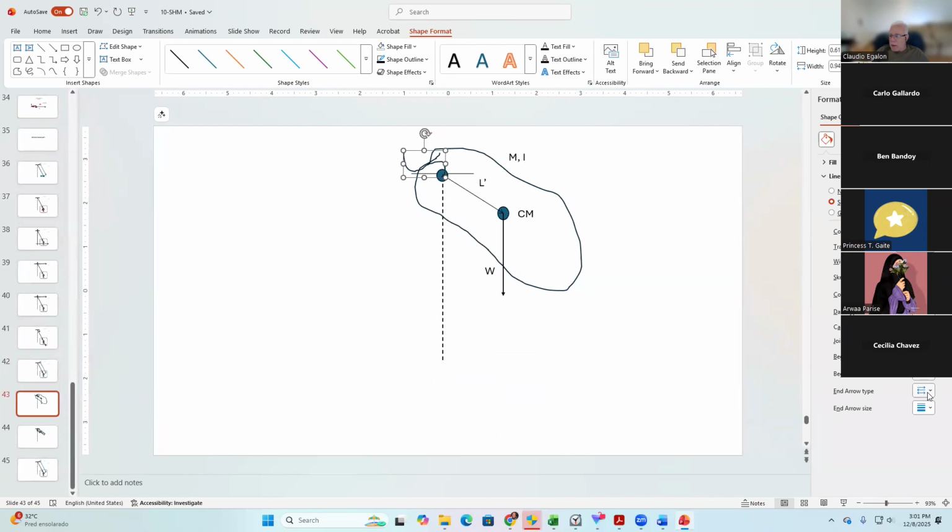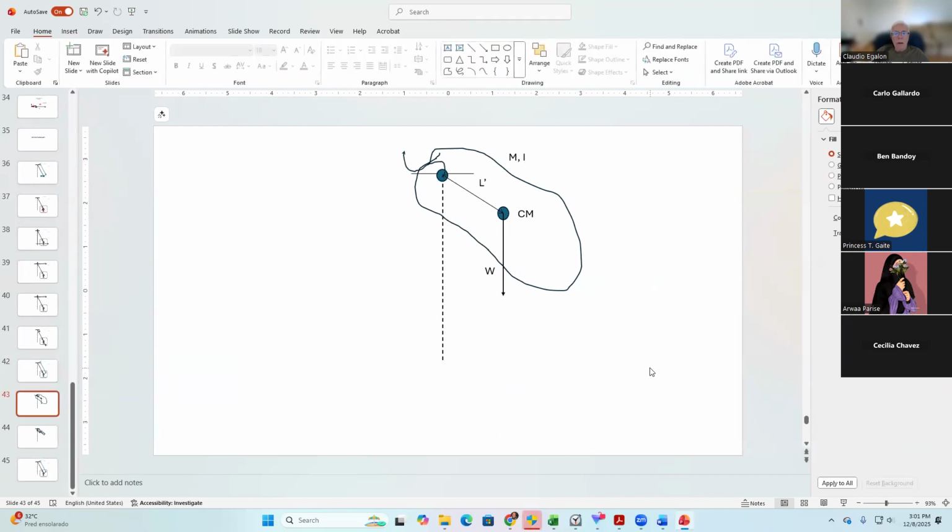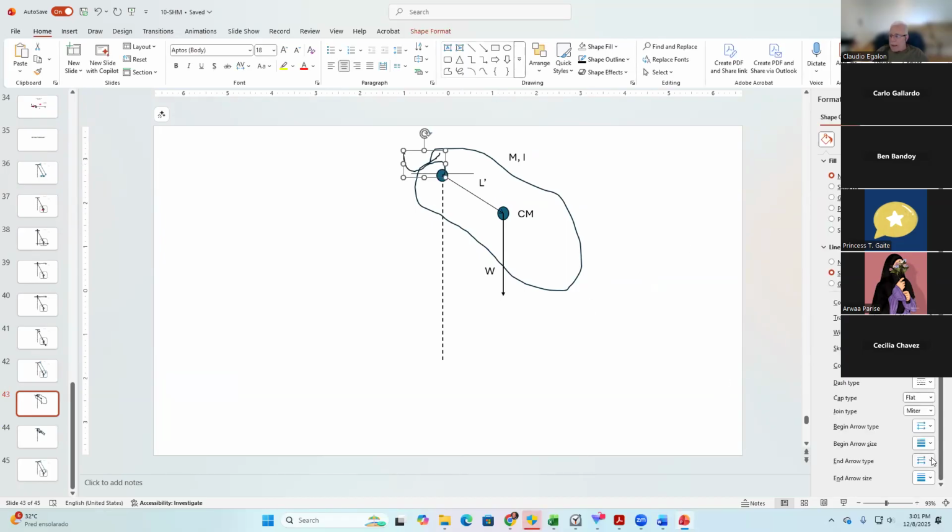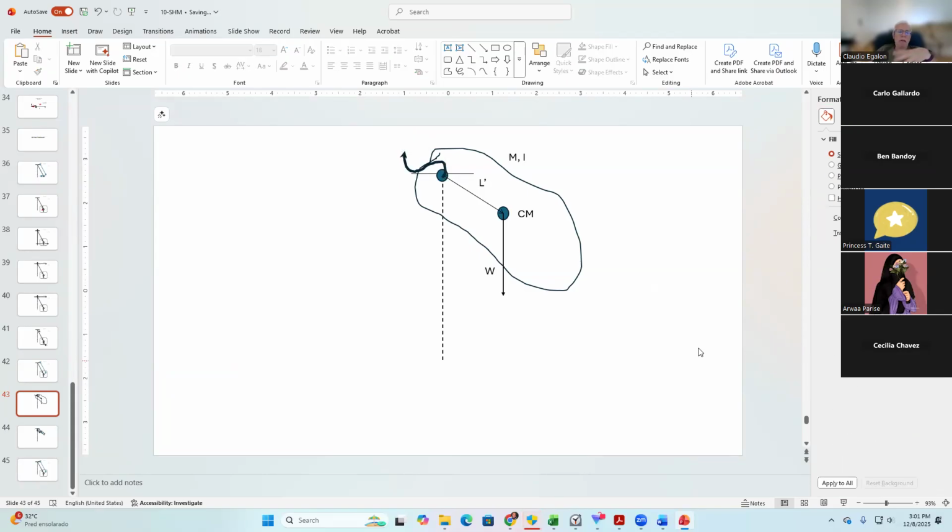Format shape. Here you go. No, this arrow is too small. Let's make it larger. What about now? Can we see the arrow? Yeah, now we can start to see the arrow. It's a generic direction, okay?